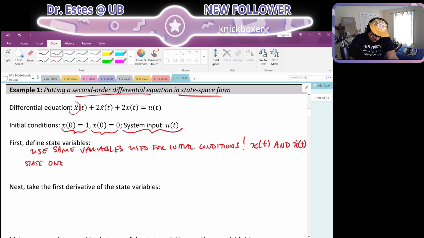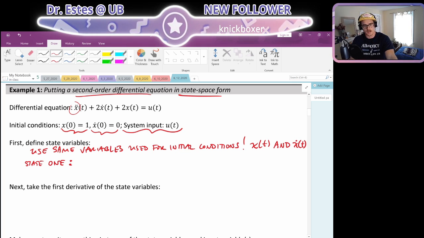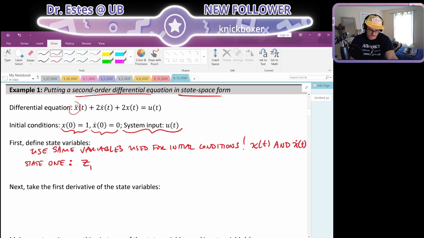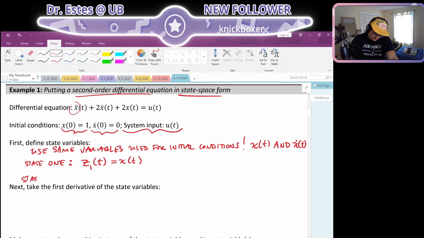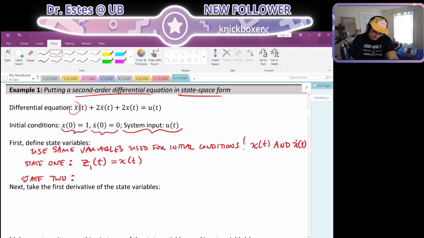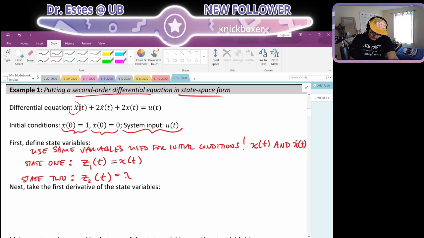So state 1, I have to use a different variable for this, so I'll call it z1 of t, and it's x of t. State 2, z2 of t, is x dot of t.